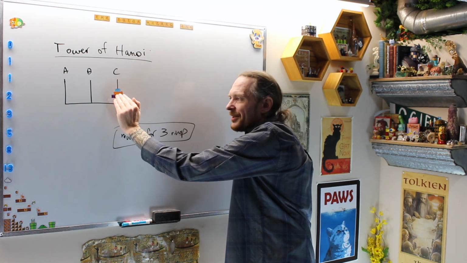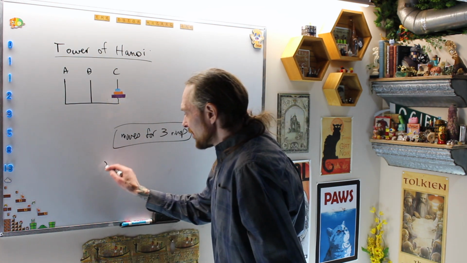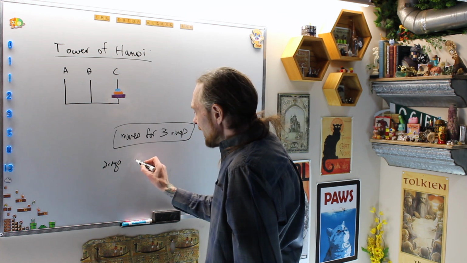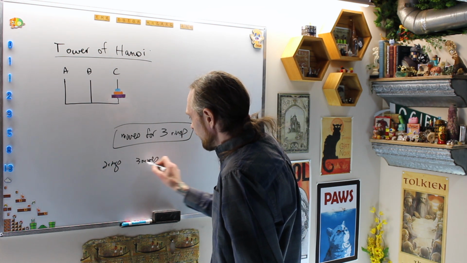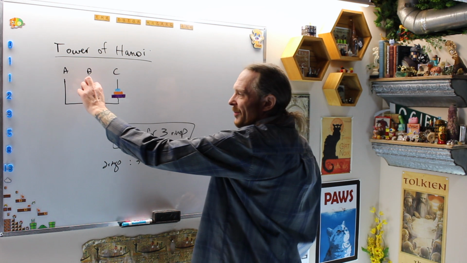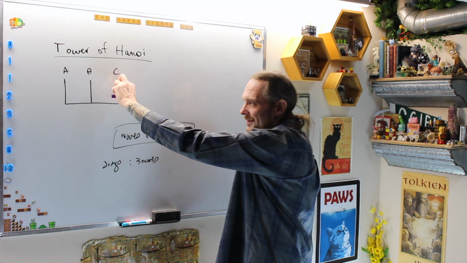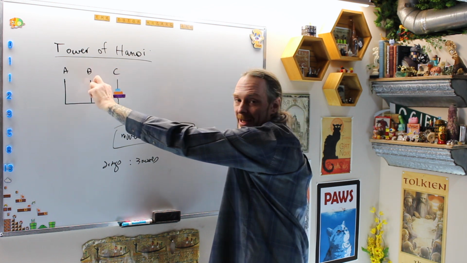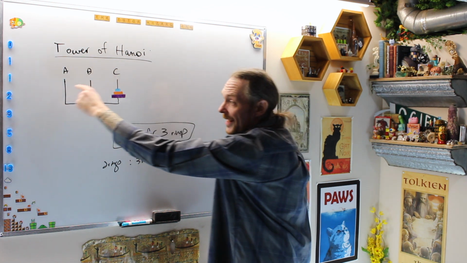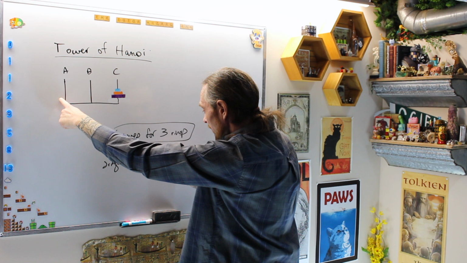And how many moves does it take to do the 2-ring puzzle? It takes 3 moves. And I do that to move him there. So then that means I've done 3 moves to move this smaller tower over here. Then I move this guy here. That's 1 move.